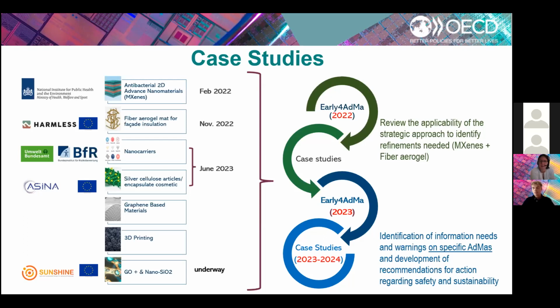And then in June, there was another case on nanocarriers together with the silver cellulose by the ASINA project that is already applied to the current improved version of the Early4AdMa system. And you will hear later about the Harmless and the nanocarrier case at a later stage of this webinar. Next slide, please.